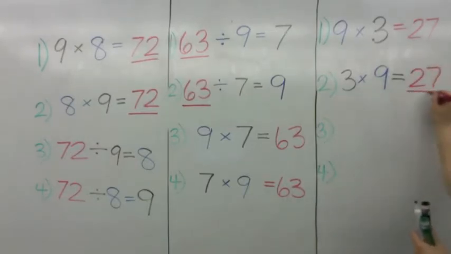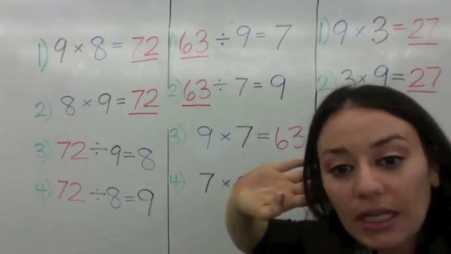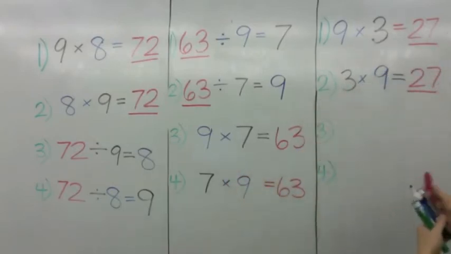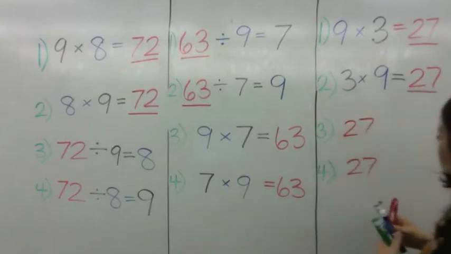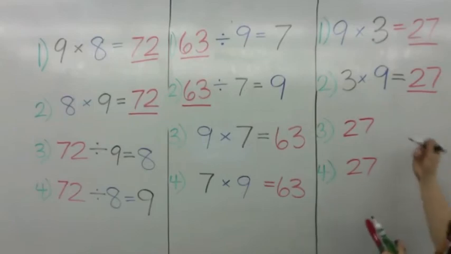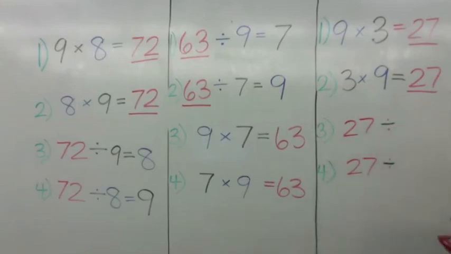All right. So now we have the answer to the multiplication problem. Now what's missing? We have 2 multiplication. What's the opposite of multiplication? It's division. That's right. So we're going to go ahead and put the answer right here. We're going to put 27 and 27. And we're going to put the division sign. Okay? So we can pick the numbers that we're multiplying, right?